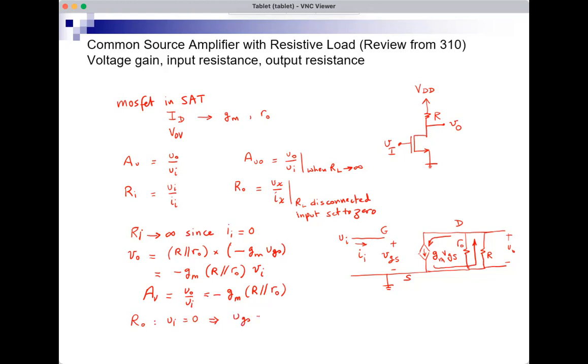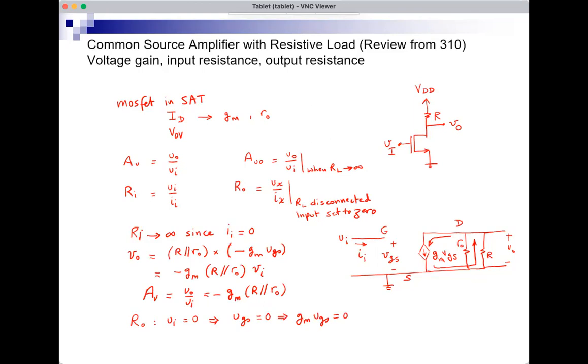And if VGS is 0, this means that GM VGS is 0. Right? So the current source is now an open circuit. So imagine a test source across the output terminals and you want to find the resistance Vx over Ix.